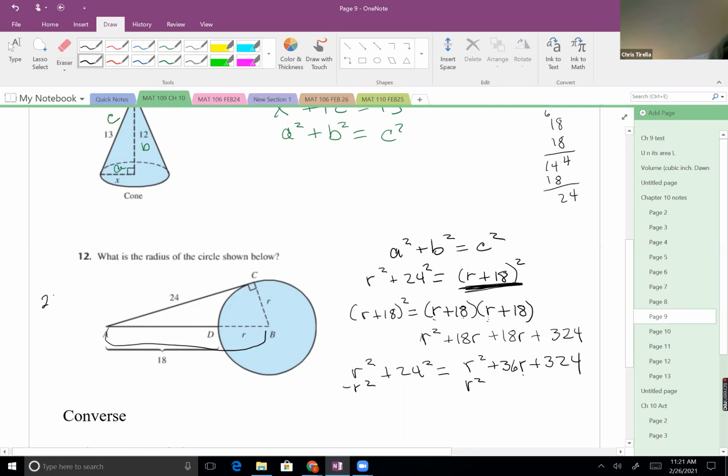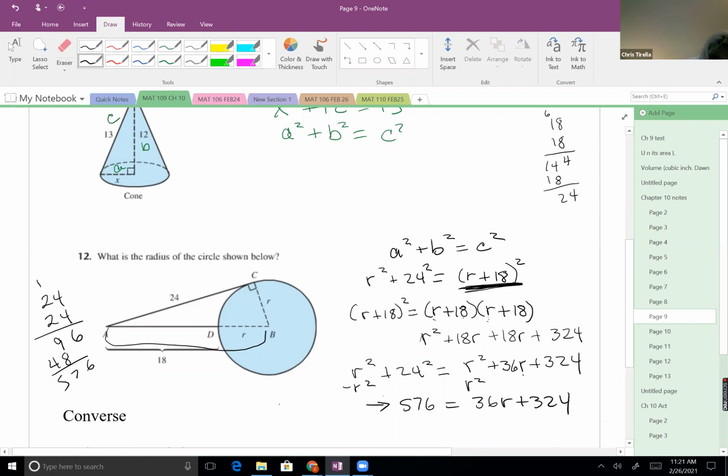And so I get 24 squared, and I need to multiply that out. 576 is equal to 36r plus 324.